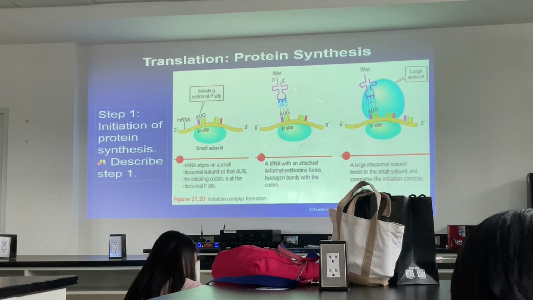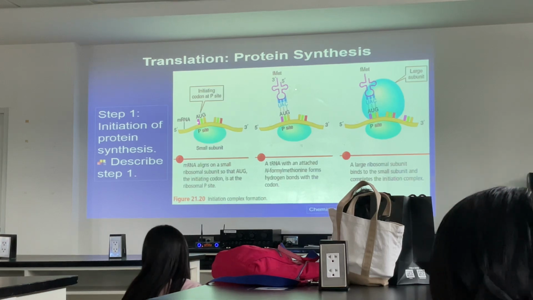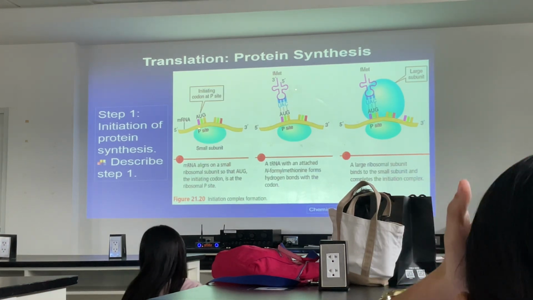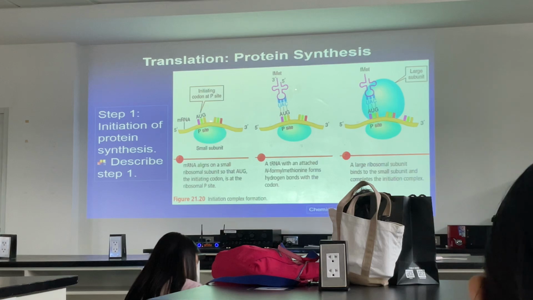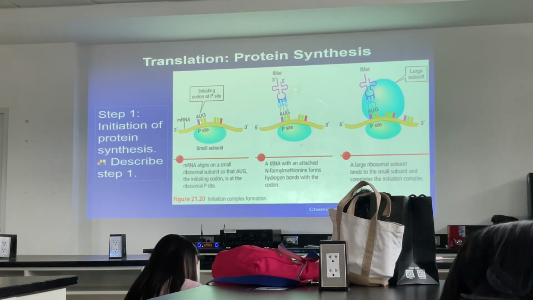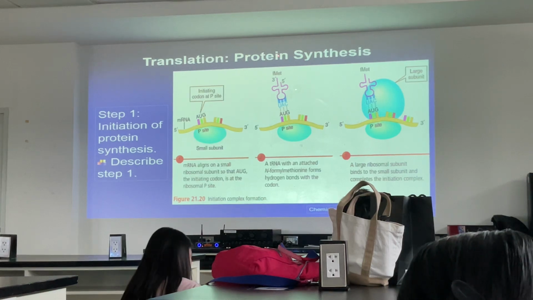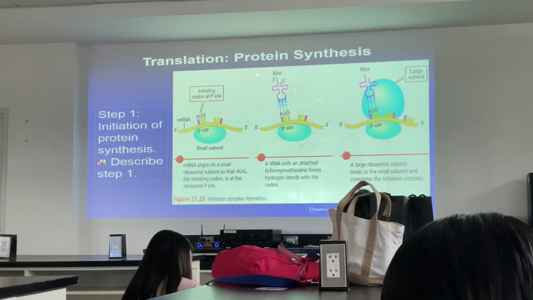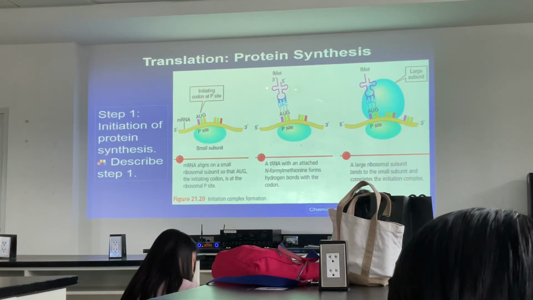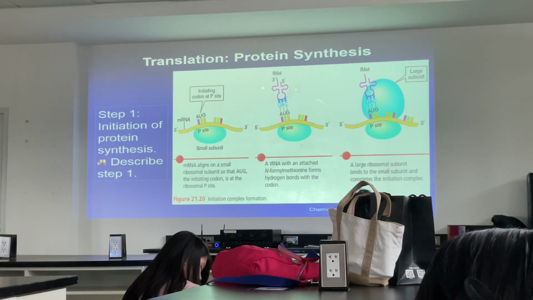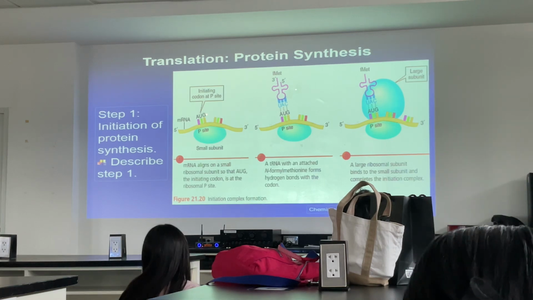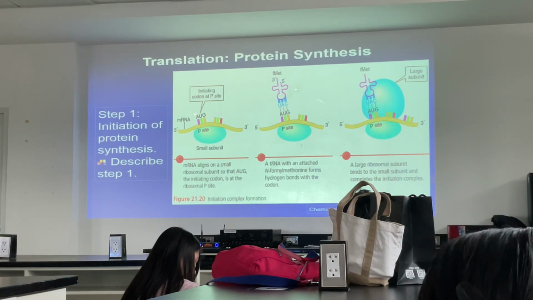And then what will happen next? Once the mRNA is aligned on the small subunit of the ribosome at the P site, then the tRNA will start bringing the amino acid as dictated by the first codon, AUG.